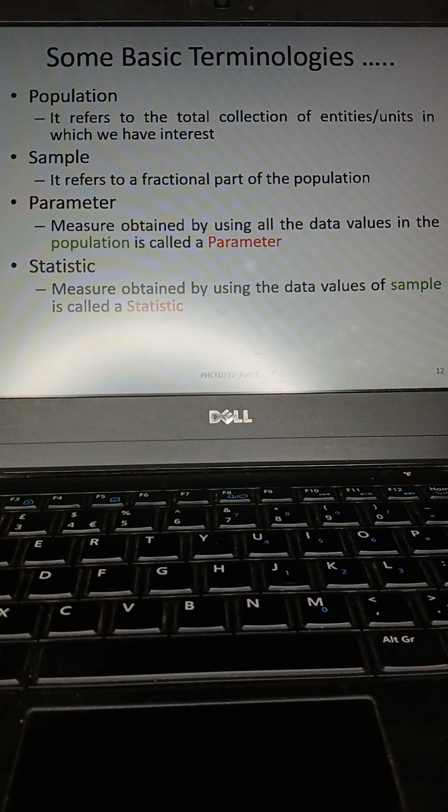Please note this: a measure obtained from a sample is called a statistic, and a parameter is a measure obtained from a population, whereby a sample is a fractional part of the population and population is the total collection of entities in which you are interested.